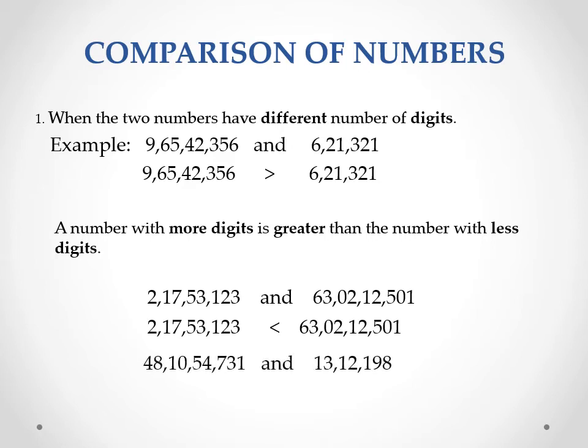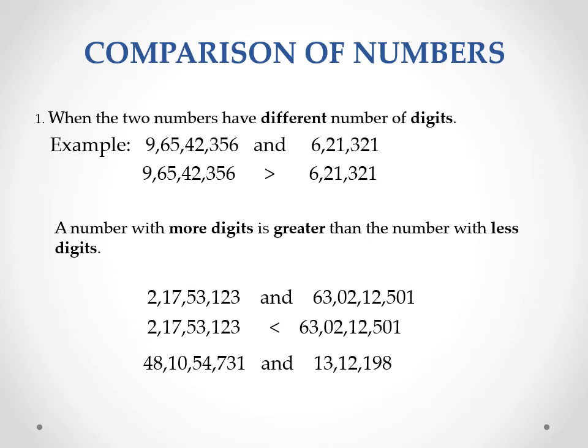One more example. Read the given numbers. 48 crore 10 lakh 54,731 and 13 lakh 12,198. Now count the digits in both the numbers.